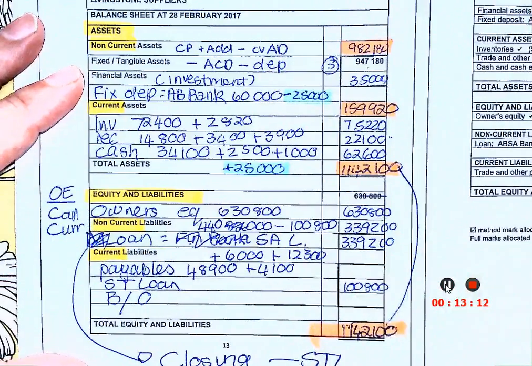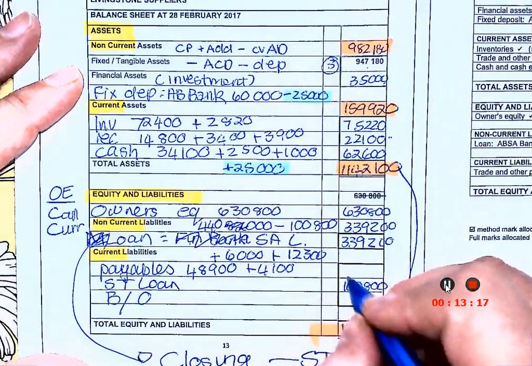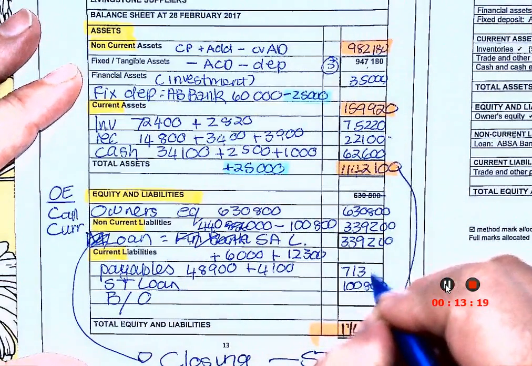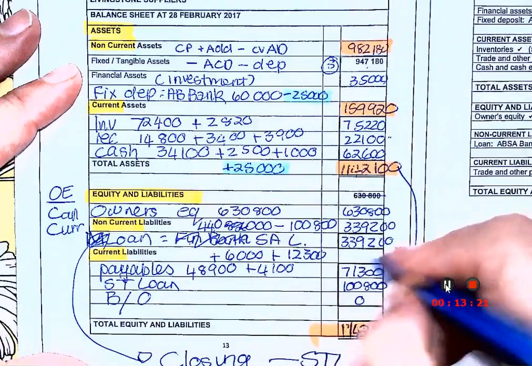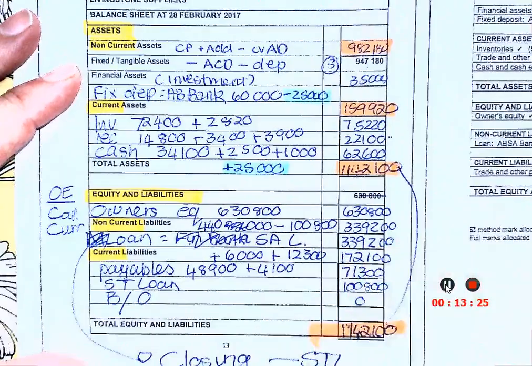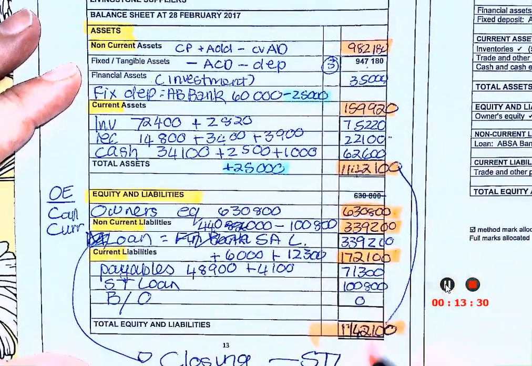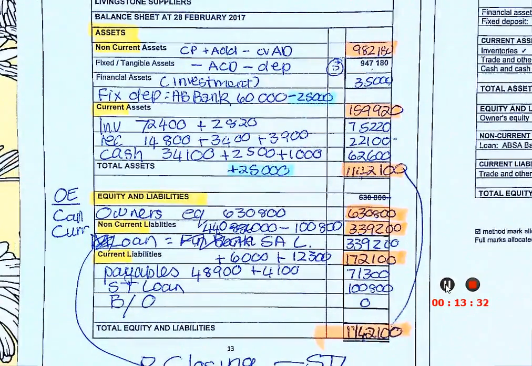It feels weird, but do it. Okay. Then current liabilities, payables. 71,300. And there's no bank overdraft. Block and top, it gives me 172,100. Okay, now I add these 3 things to give me that one. And there's my balance sheet. And that's just the format.